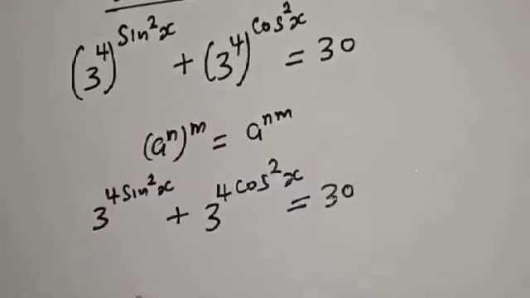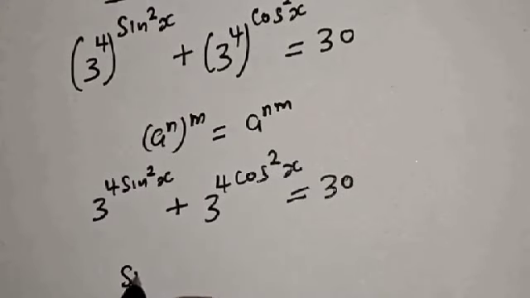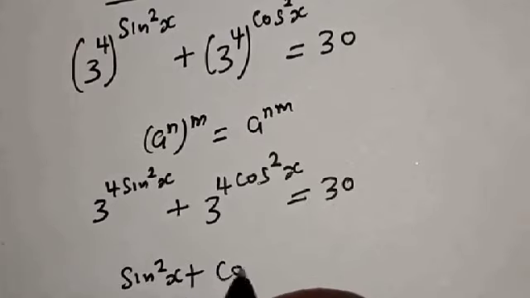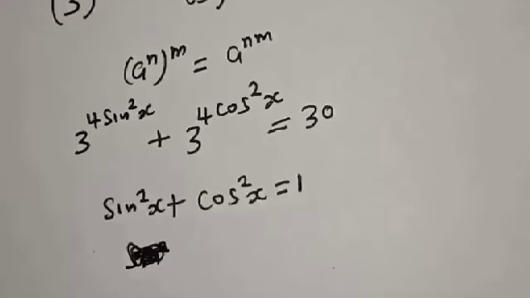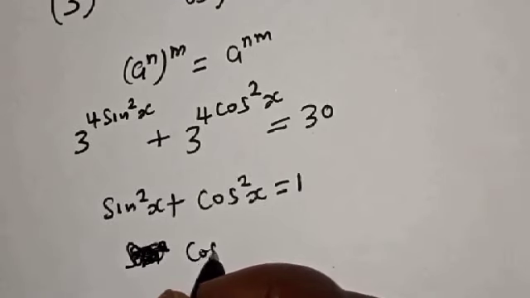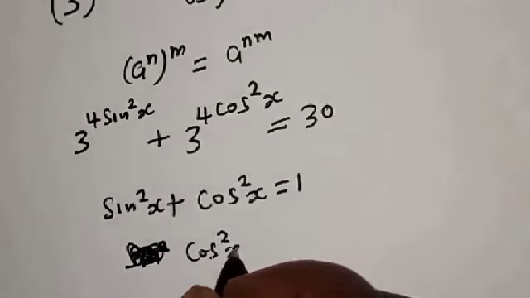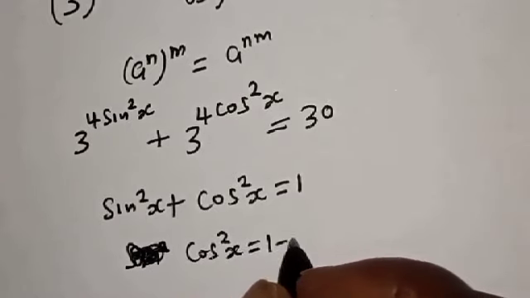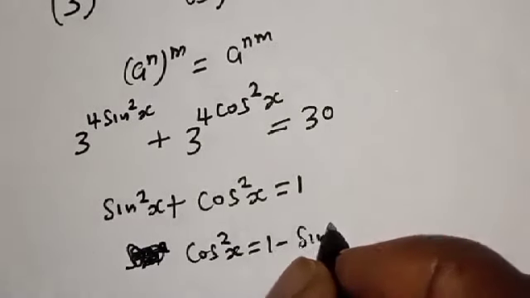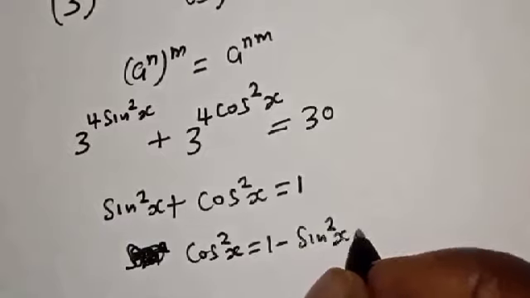Now, but remember this, that sine square x plus cos square x is equal to 1. Then cos square x is equal to 1 minus sine square x.